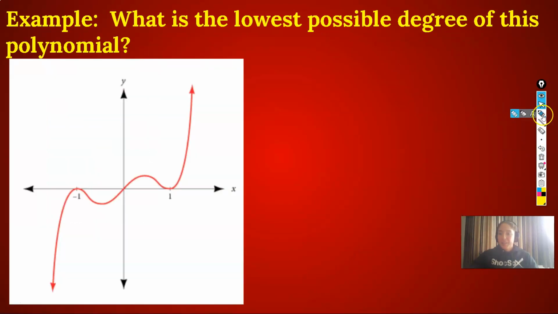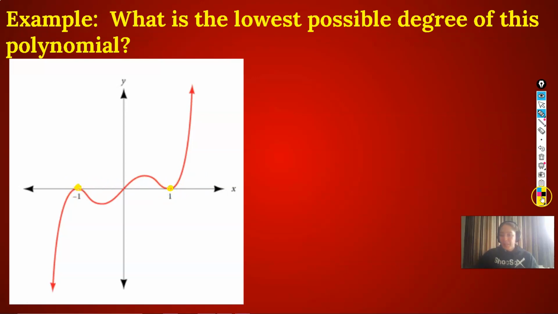All right, so here's another example. According to the fundamental theorem of algebra, what is the lowest possible degree of this polynomial? Well, from visual inspection, the number of times this polynomial could pass through the x-axis could tell me the degree. Here's a bounce back point here, and here's a bounce back point here.